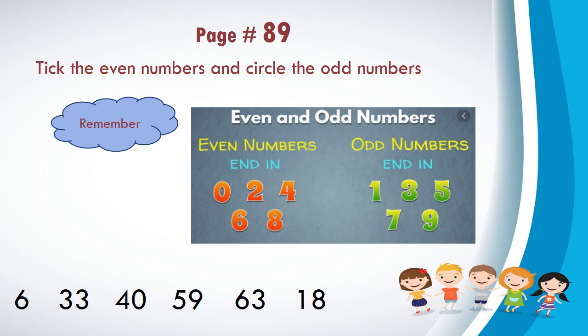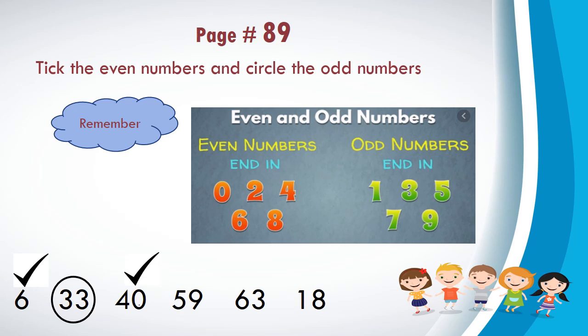Now, let's find the number 6. It is a number in 2's, so it is an even number. We take it. And the number 33 ends in the number 3, so it is an odd number. We circle it. And the number 40 ends in the number 0, we take it.